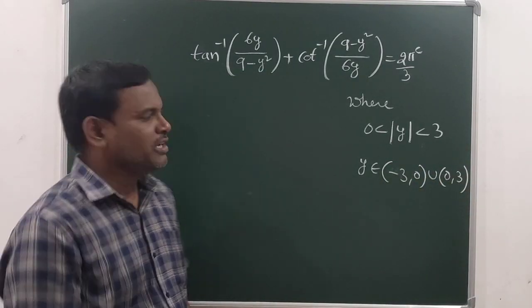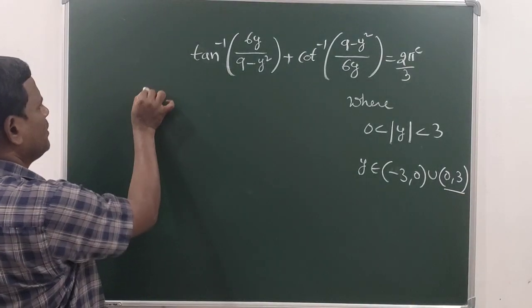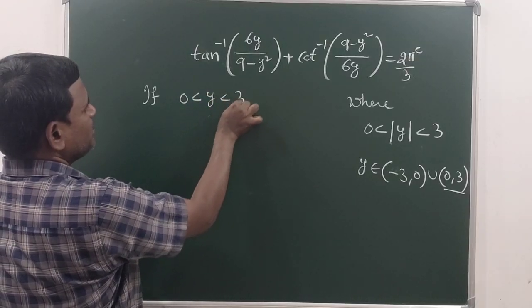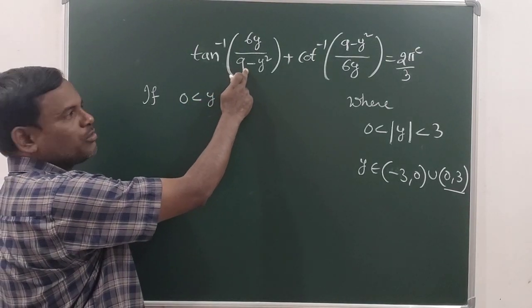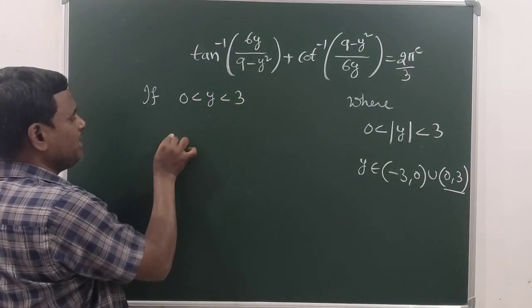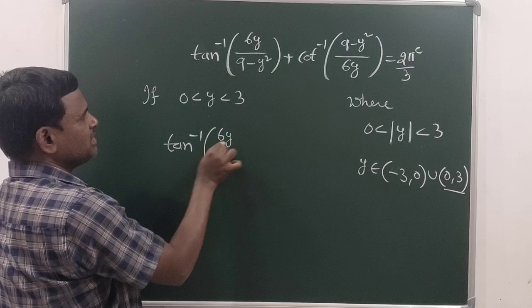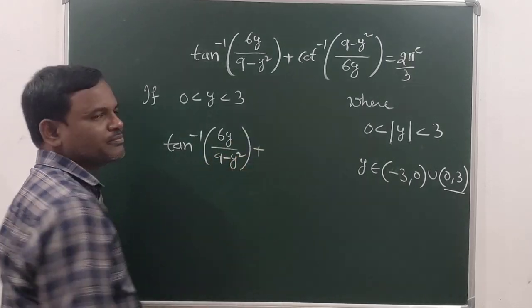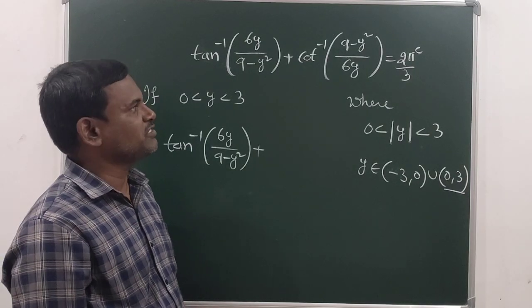So suppose if y belongs to positive part, if y is lying between 0 to 3, in such case, this has to be written tan inverse of 6y by 9 minus y square plus cot inverse of 9 minus y square by 6y.